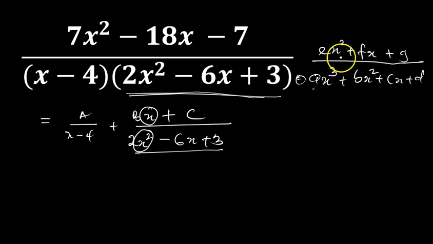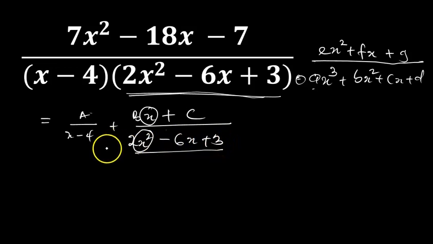Now the unique thing is the power of the numerator is less than that of the denominator. So here also you see that displayed: I have bx plus c over 2x squared minus 6x plus 3.